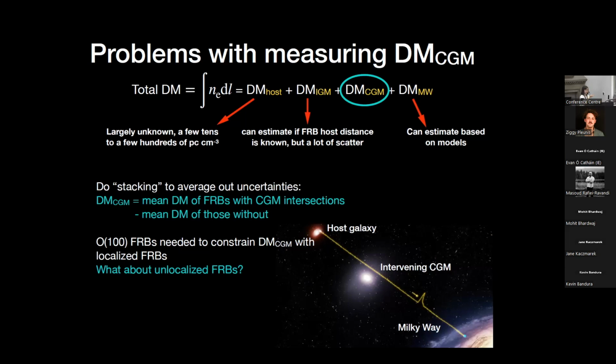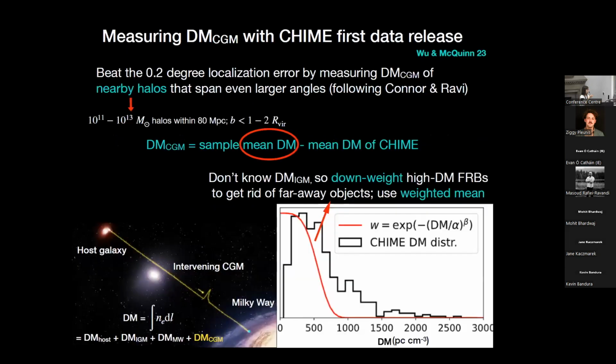Specifically, we were looking at whether we can constrain the DM from the CGM using the CHIME first data release. This is also following the previous work by Liam Connor and Vikram Ravi. The problem with CHIME is that you have a huge localization error, 0.2 degrees. So the way to beat this is you want to beat the magic with a magic.